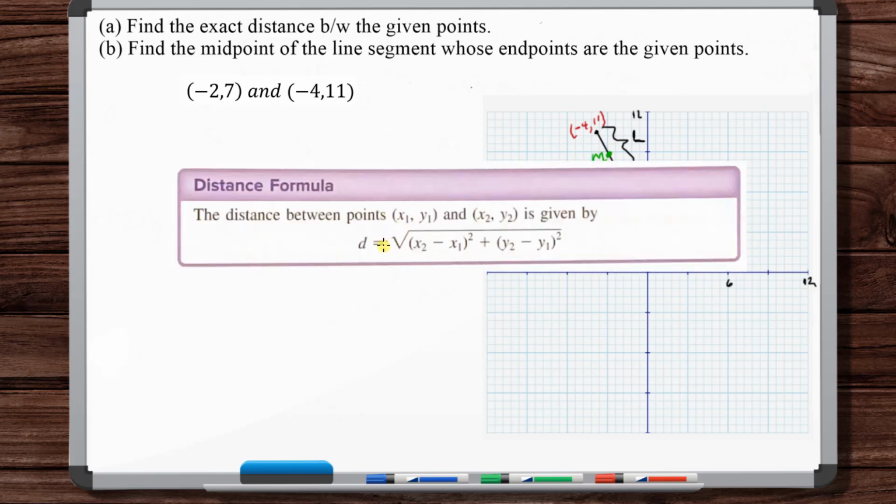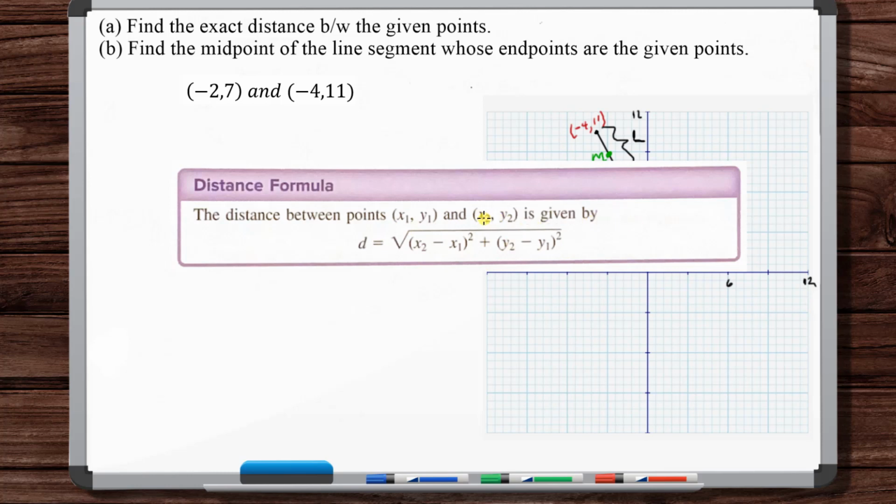Okay, so the distance between the points, the length L, is the square root of x2 minus x1 squared plus y2 minus y1 squared, which is based on the Pythagorean theorem. Soon I'll be posting another video that goes into detail on where the distance formula comes from.